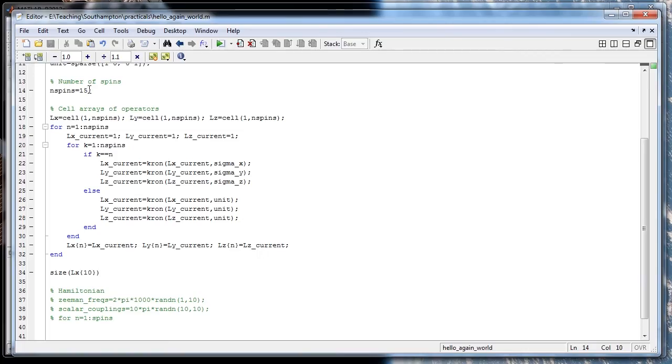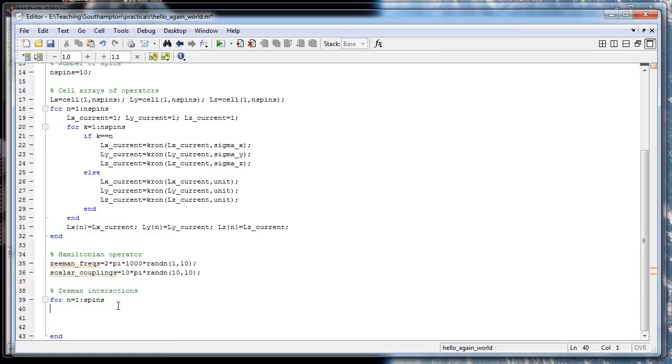Let's get back to 10 spins, which is reasonable for our purposes, and continue building the Hamiltonian here. So, Zeeman interactions. For high-field NMR, they would only include the Lz operators, so let's say those are the isotropic shielding parts.